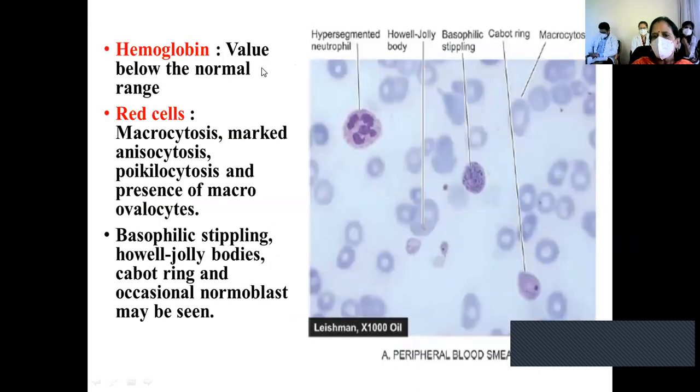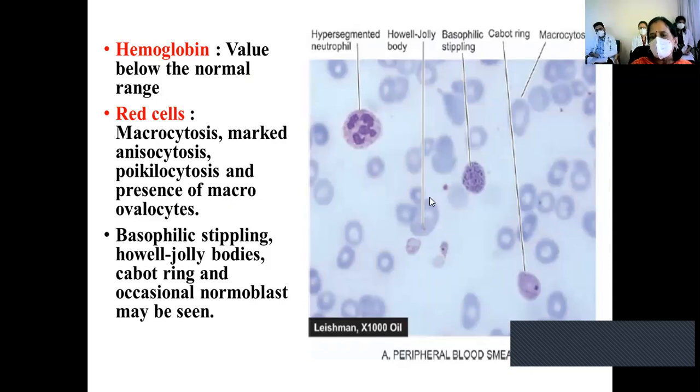Hemoglobin value is below normal because we're calling it anemia. RBCs show macrocytosis. They could be normochromic, or they could show hypochromia. There will be anisocytosis, poikilocytosis, that means variation in size, variation in shape also, and presence of macro-ovalocytes.